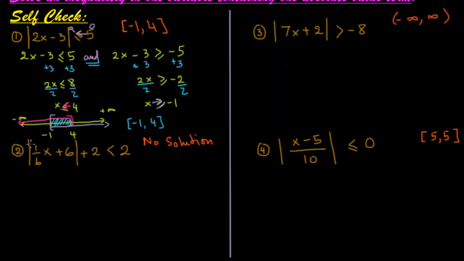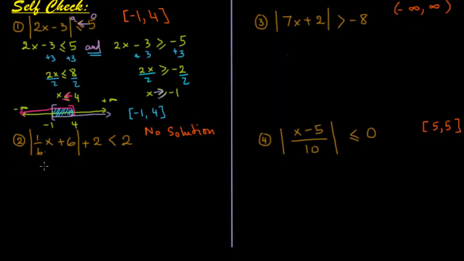Now on problem 2, the absolute value of 16x plus 6 close absolute value, plus 2 less than 2. So we need to isolate the absolute value by subtracting 2 on both sides. So we have the absolute value of 16x plus 6 less than 0.